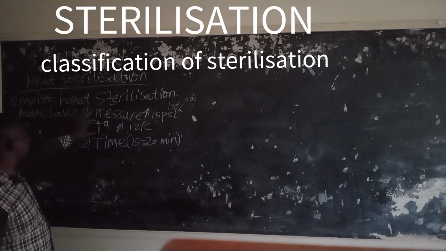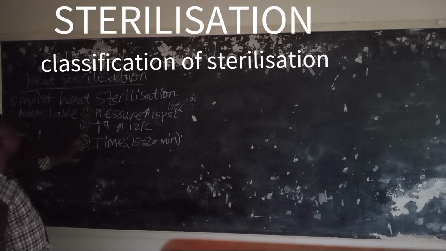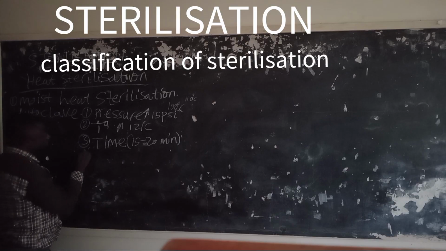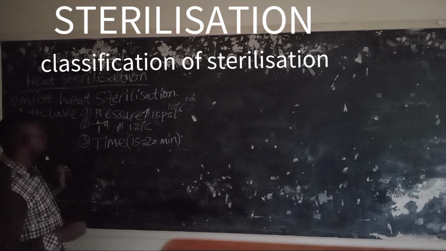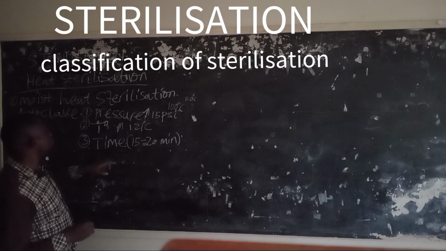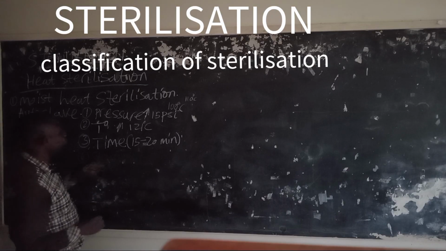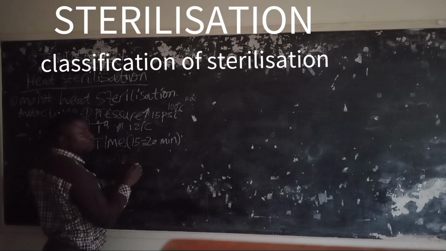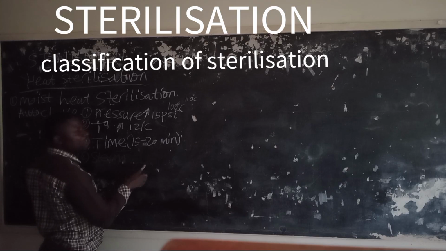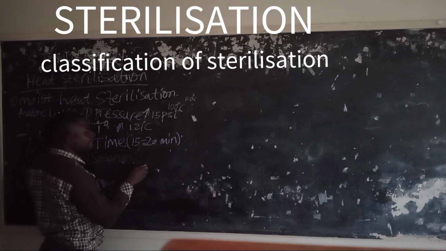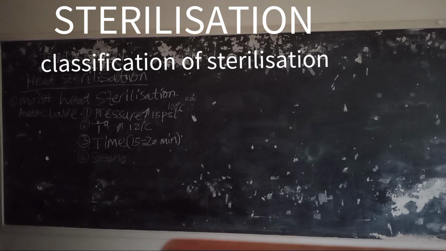This will result in production of steam, which is hot enough to penetrate into the microorganism and coagulate the proteins in the microorganisms, hence killing it. So that is how our principle comes about. We shall look at the autoclave in details.